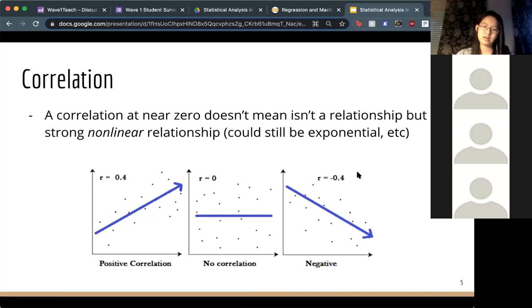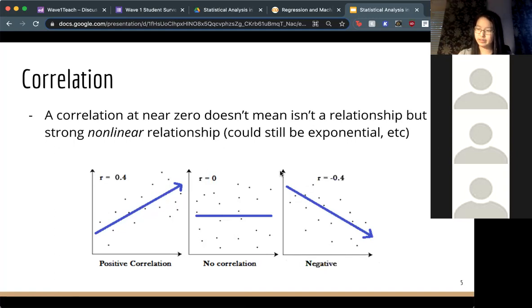But then, if it's a downward trend, then essentially your explanatory variable increases, and your response variable might be decreasing. There's a lot of examples.